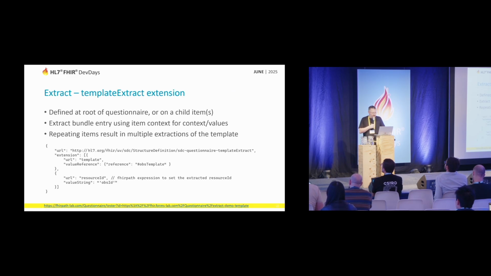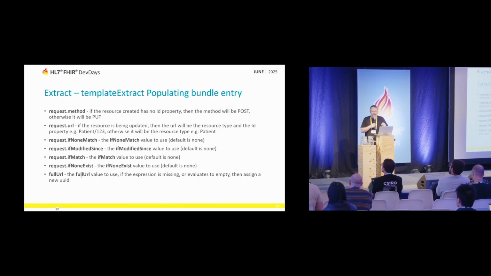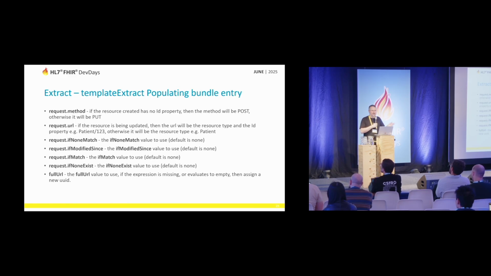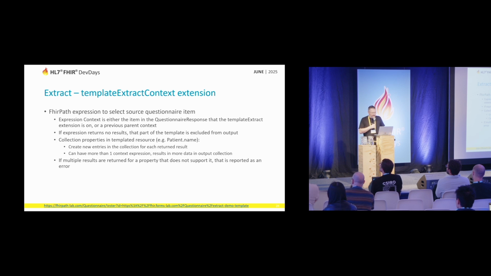just the same as we did putting that resource ID, you can put in a full URL so you can do references between resources. So that's really neat. And we'll have a look at that specifically in the hands-on lab up next. And the extract context is a FHIRPath expression which allows you to set into a specific group.